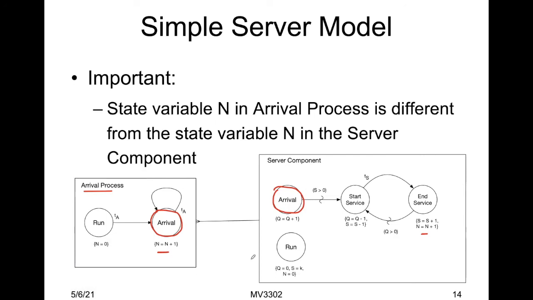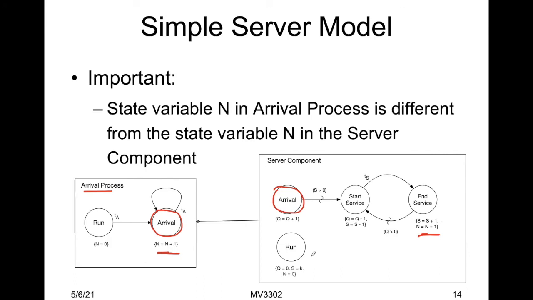Now in the implementation, this is the number of arrivals, and I would call the other one number served, so there wouldn't be any ambiguity about that. But for the event graph model, it is absolutely 100% okay to have the same variable name in different components that mean different things. They have nothing to do with each other.